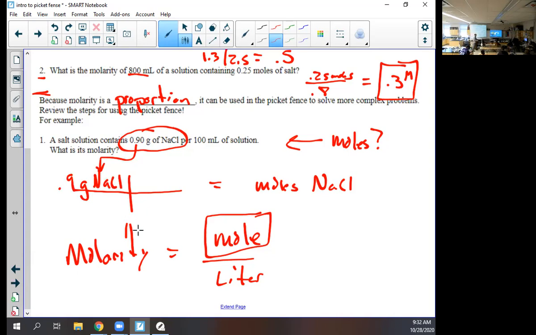We've been doing this. What unit, tell your partner, has to come down here? Grams of NaCl. Where do I find that number? From the periodic table.